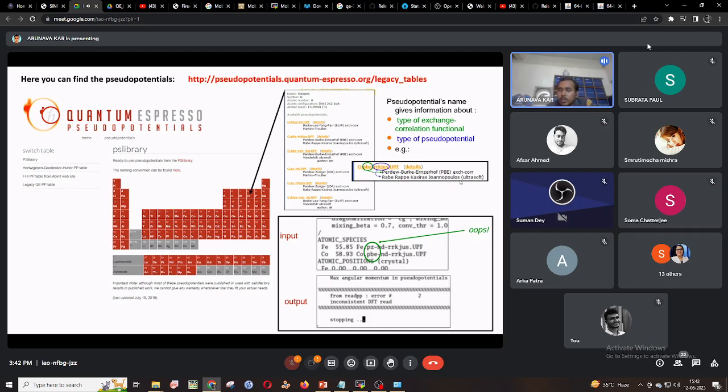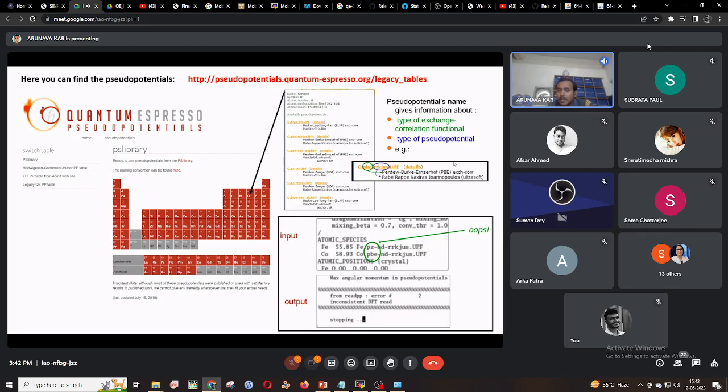You can try other pseudopotentials and see what your result is. If you find other pseudopotentials giving you a better result, then you have to use that pseudopotential for your system. So always check which pseudopotential is the best for you.